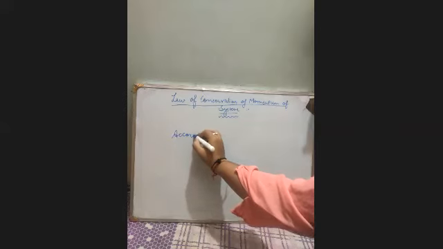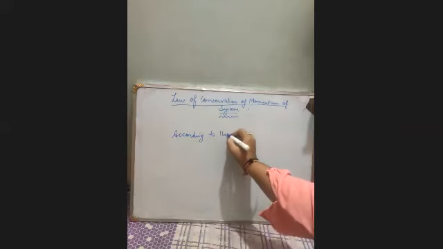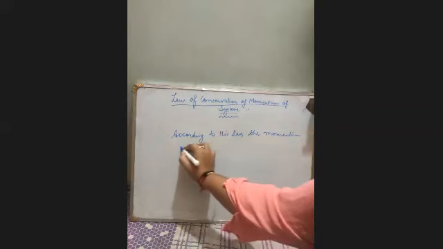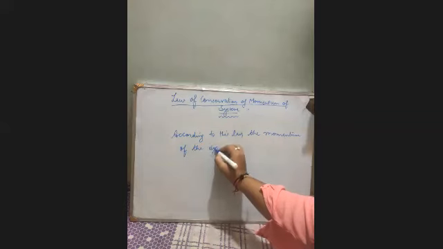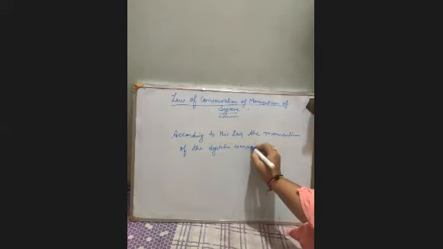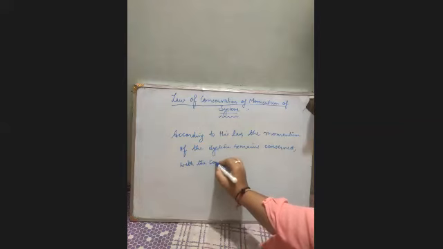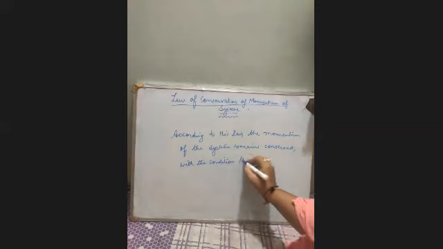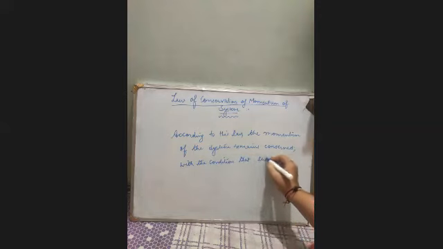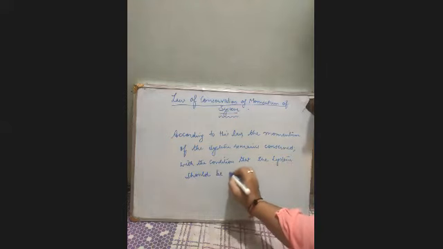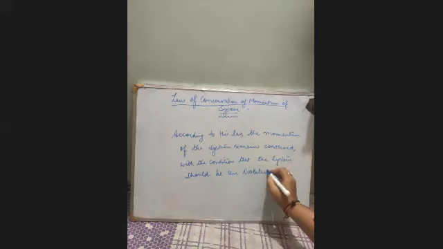According to this law, the momentum of the system remains conserved with the condition that the system should be an isolated one. Now, what do you mean by isolated one?